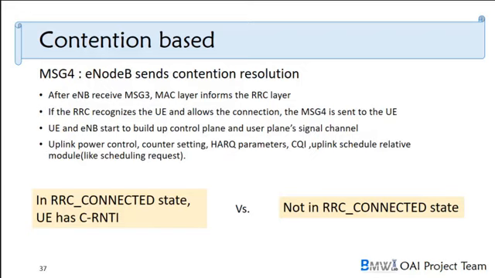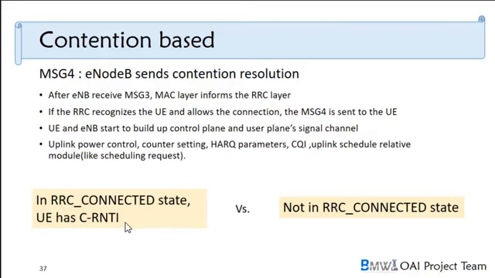What is different in the RRC connecting status? On the left-hand side, the UE has a C-RNTI and is not in RRC connecting status. In step 3, in message 3, you bring this C-RNTI to the eNodeB through the C-RNTI MAC control element.